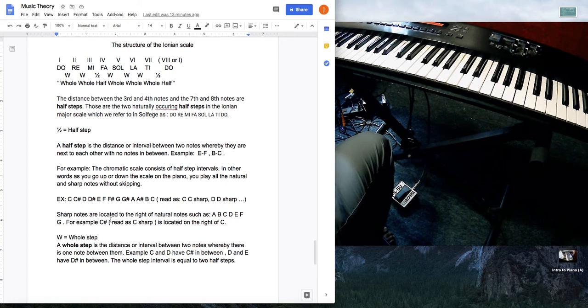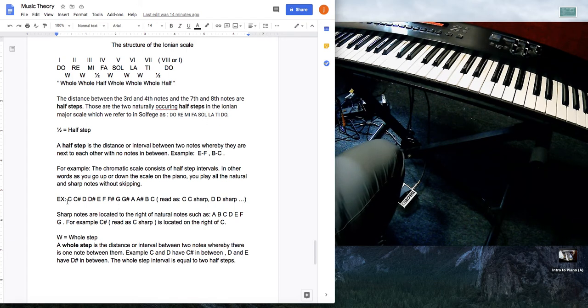So sharp notes are located to the right of natural notes such as A, B, C, D, E, F, G. So as you're looking at this notation here on this PowerPoint, you see C with this symbol that's actually read as sharp. Okay, so the hashtag in music is called sharp. C, C sharp, D, D sharp, E, F, F sharp, and this is of course the chromatic scale, which moves in half steps.